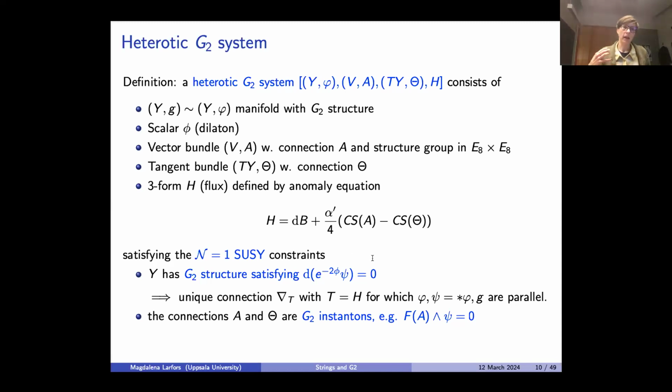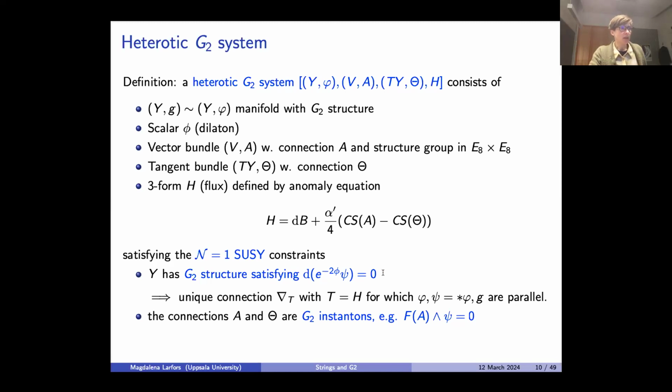So one can write down what the constraints are on these objects in order to preserve N equals 1 supersymmetry. And it turns out that the constraint on the G2 structure is that it should satisfy this condition. So it's conformally co-closed. So here we have the 4-form, and here we have the dilaton. So this condition has to be satisfied.